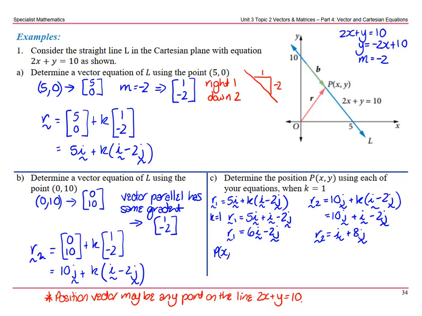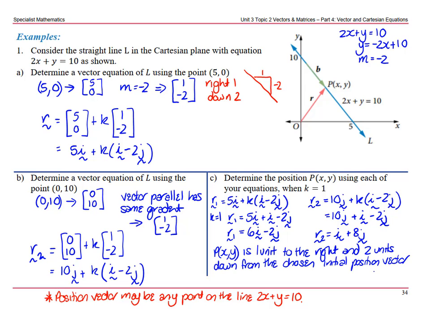Now, P_xy is 1 unit to the right and 2 units down from the chosen initial position vector. So P1 is (6, -2), and P2 is (1, 8), and that's just from those equations.